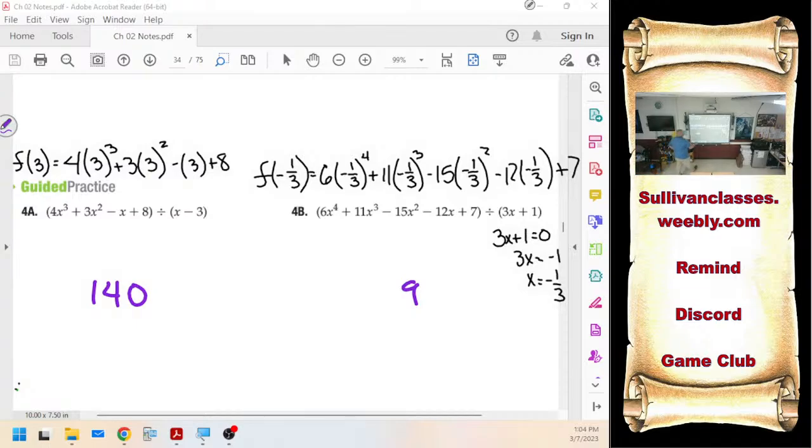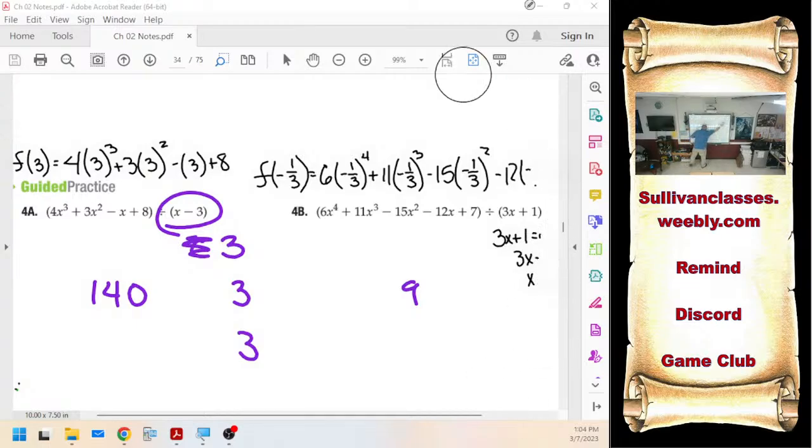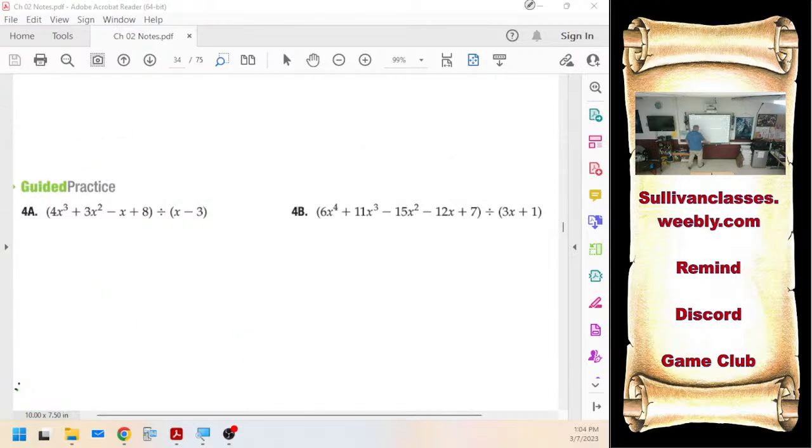Because, do we remember that if this is a factor, then this is a 0? If this is a 0, then this is an x-intercept. If this is an x-intercept, then this is a solution. It's a solution because I'm going to set the thing equal to 0. And what is x that gets me a 0 for y? They start putting those pieces together, and it says, wait a second, I have something now with that remainder, and it's called the remainder theorem.